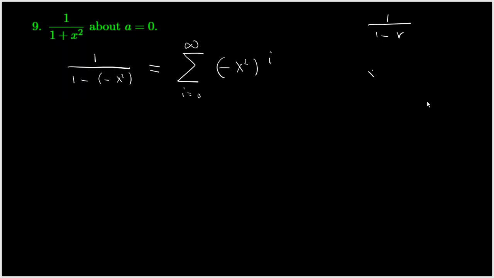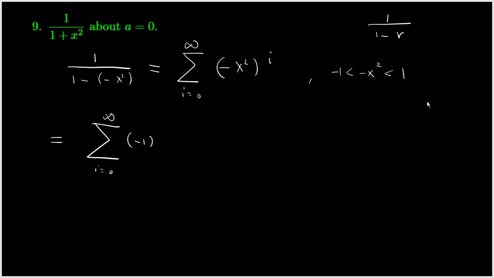This is valid when your r, negative x squared, is between -1 and 1. Now all we need is to represent every term as a number times a power function of x, the sum from i equals 0 to infinity.